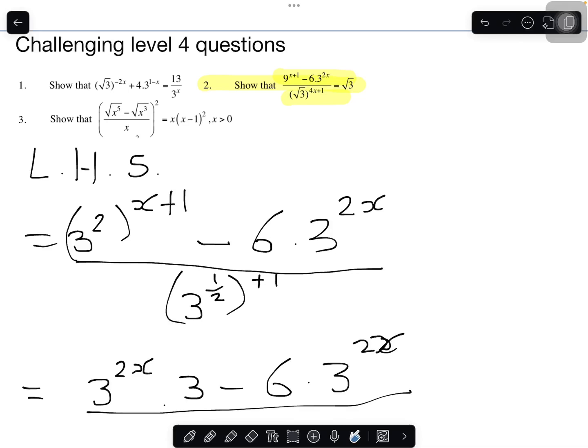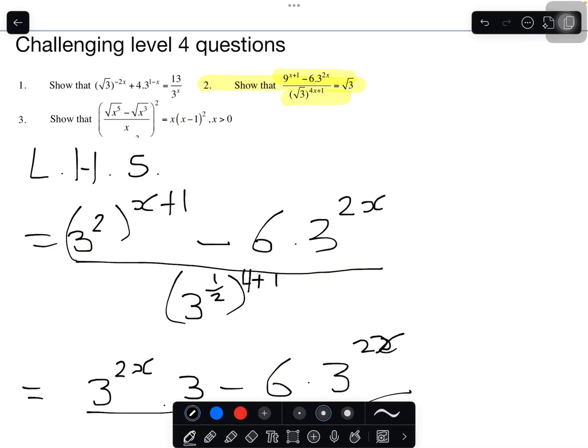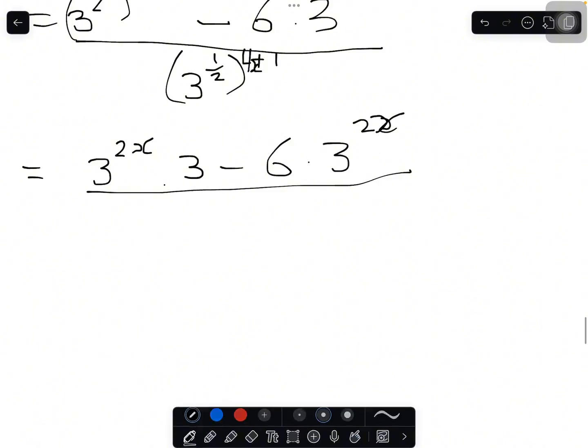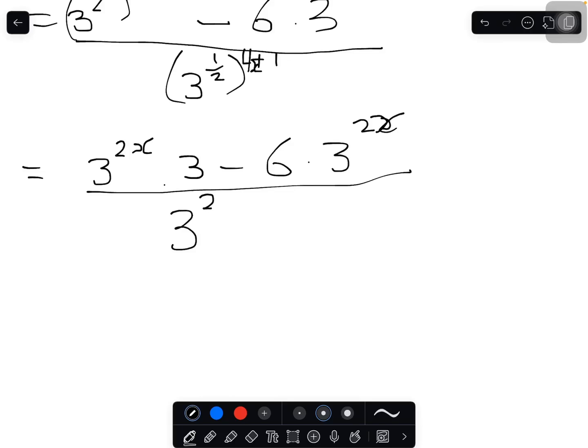So I left out the 4x here. Then I'll have 3 to the 2x, because an exponent of an exponent, so I'm going to multiply this half by the 4x, and I get 2x, times 3 to the half, which is that 1 times a half.